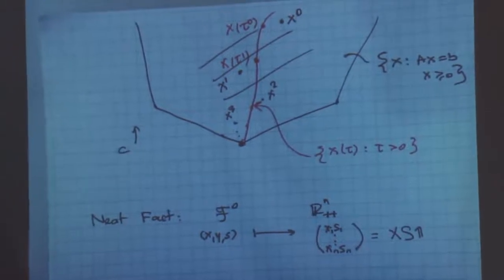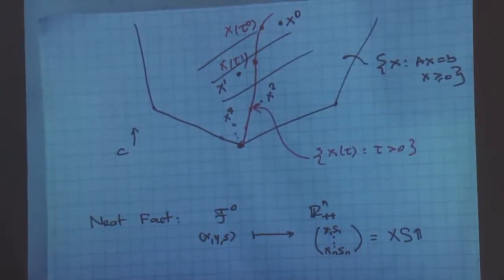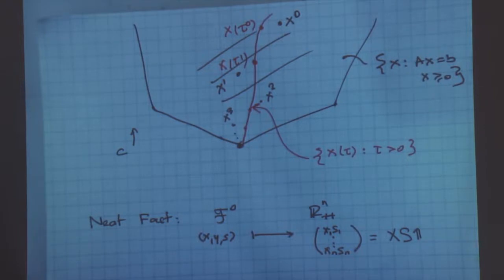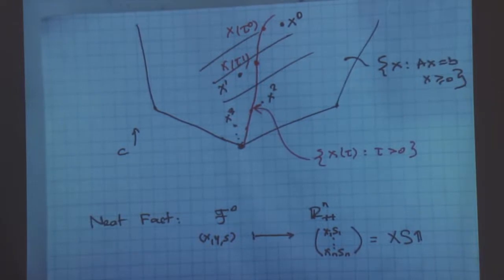And there is this other piece of notation. Given x and s non-negative, mu of xs is defined to be the average of the pointwise products of x and s. Another way of thinking about that is mu is x transpose s divided by n.